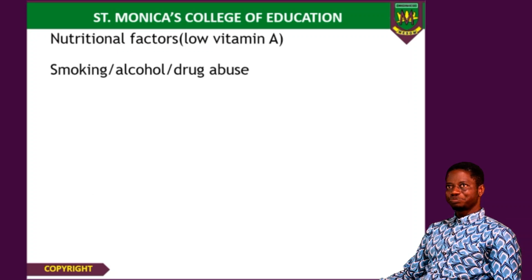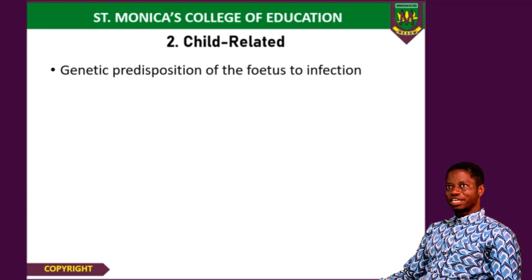We also say that nutritional factors and low vitamin A can also expose the woman. And then there are some women who are also fond of smoking, drinking alcohol, fetish practices, and drug abuse. They also have what we call child-related factors, and we are talking about the genetic disposition of the fetus to the infection.